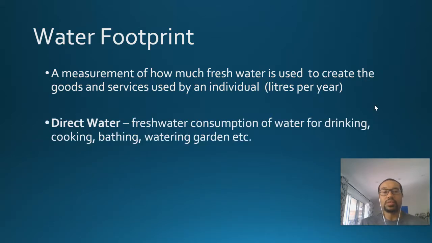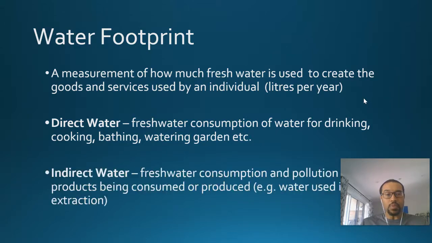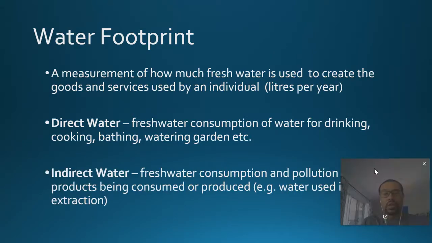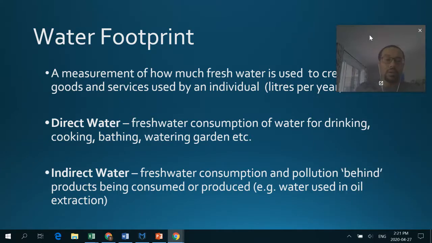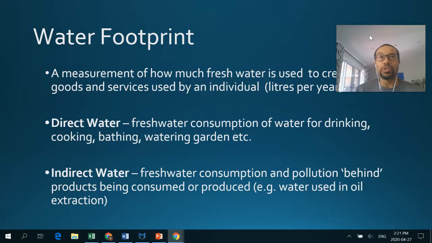So that direct use or direct water, that's stuff that you would directly use because you're drinking it, or you're using it to cook, or using it to clean, water your garden, wash your car, that sort of stuff. So it's directly you turning on the tap and using that water for a purpose. Whereas indirect water, it looks at all the water that was needed or contributed to the goods and services that you use.